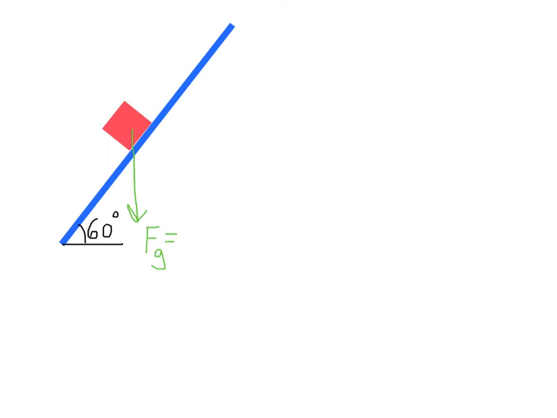Okay, so what I'd like to practice here is, let's start with number 1 on that sheet, and in this case we have the mass equaling 5 kilograms, and this object is sitting on a 60-degree incline, and there's no friction, so we know this is obviously going to start sliding.